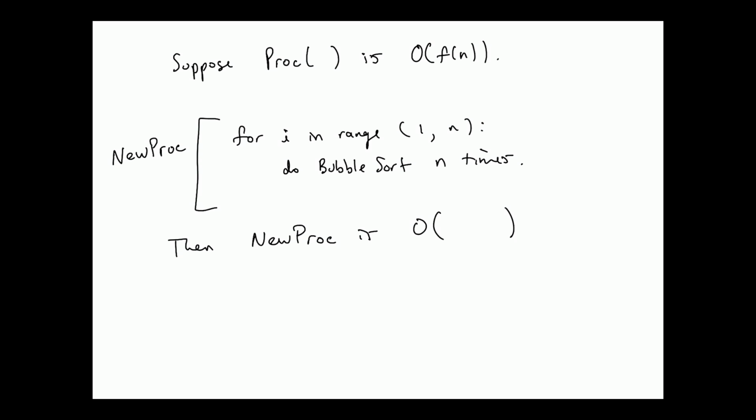I'd like to convince you that it multiplies it by a factor of n. So what would it be in total? Big O of n cubed.